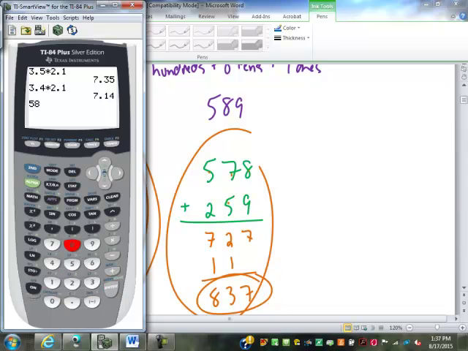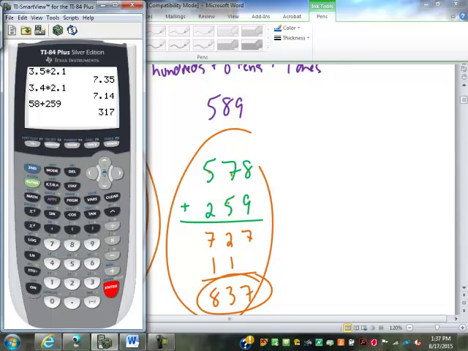plus 259. Yep, I did that on purpose. Is that the right answer? No, what happened? Well, yeah, it's 578, not 58. I went to push the key and it didn't register.